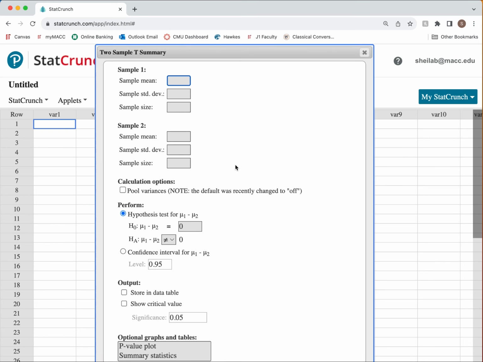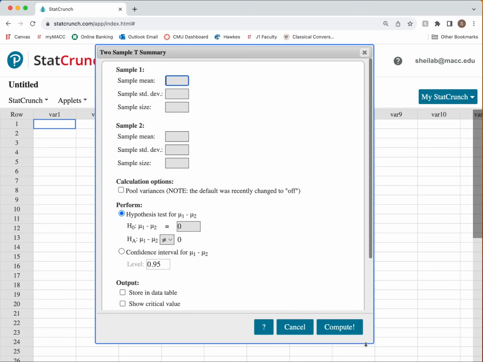All right, I'm going to scoot this up and bring this up to it also. For our first sample, we're going to do the Republican information first, and then we're going to do the Democrat information for sample 2. So for sample 1, the mean of Republicans is 54 cents, so we're going to put 54 in there. The standard deviation is 2.9, and the sample size is 513.